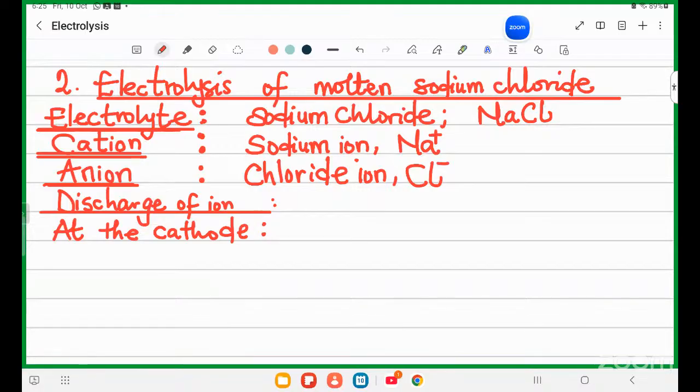Sodium, you will now write Na plus, okay, will be discharged, which is the cation. Now, this one is going to gain one electron, okay, because the charge here is 1. It's gaining one electron. That's why we put plus. And what will be produced? Sodium solid. So that's the metal produced there.